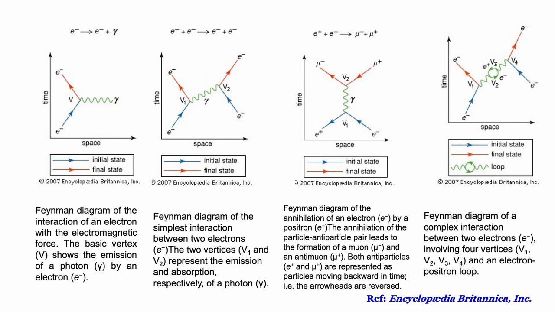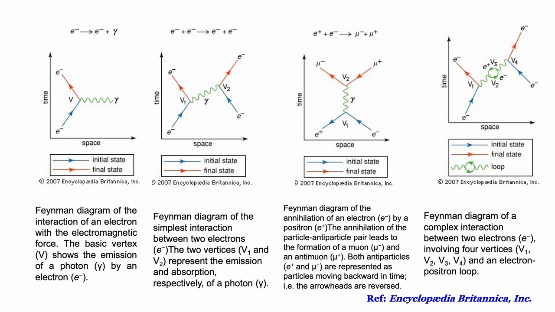The Feynman diagram of the annihilation of an electron-positron pair is shown in the third diagram. The annihilation of the particle-antiparticle pair leads to the formation of a muon mu minus and an anti-muon mu plus. Both antiparticles e plus and mu plus are represented as particles moving backward in time. That is, the arrowhead is reversed.